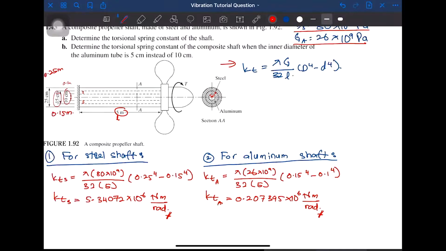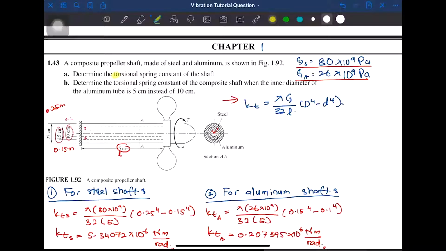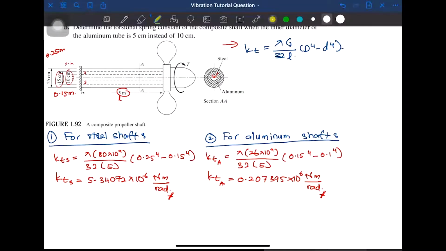Now question 1 is the torsional spring stiffness of the entire shaft. Since the shaft is made up of 2 different materials, you already have the torsional stiffness for each material. So the thing you want to do now is find the equivalent K. Try and find the equivalent K for this one.